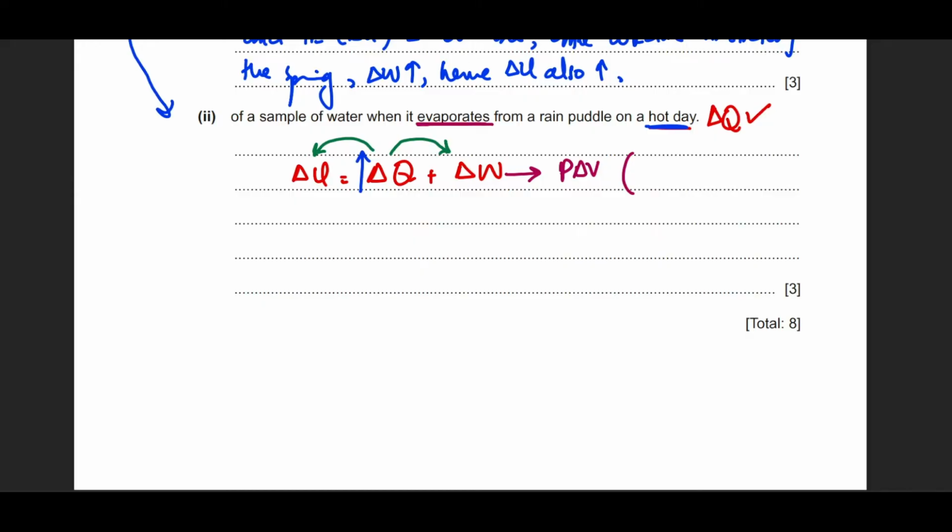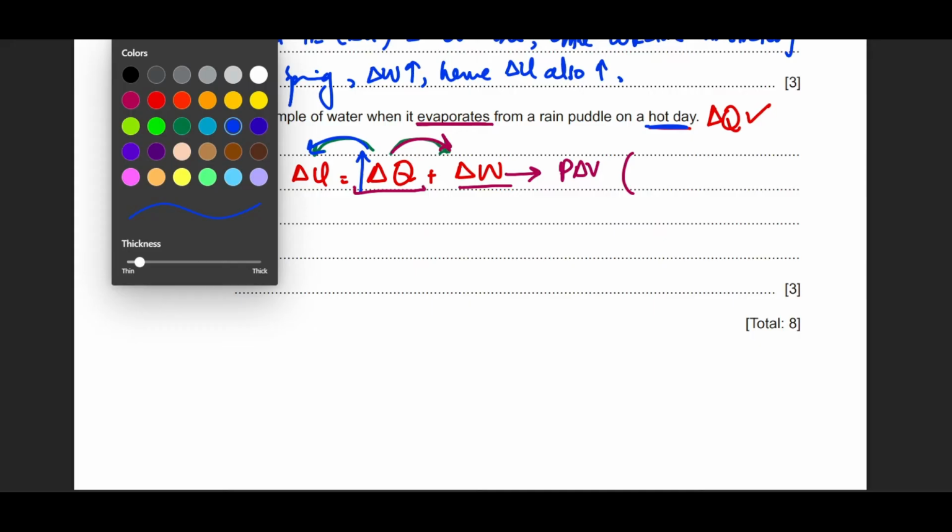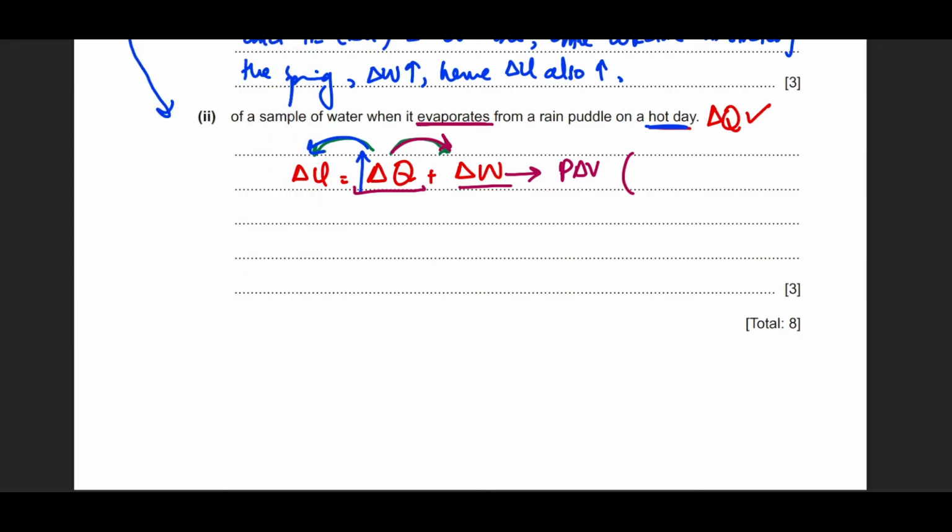Of course, this job does not happen easily. It requires energy. So that will exist in the form of delta W. That means the thermal energy that we've provided will be utilized as work done for the expansion, plus some of it will also go into the internal energy. Why? Because on a hot day, no matter what thermal energy you provide, all of it will not be successful in converting into evaporation or water vapor.